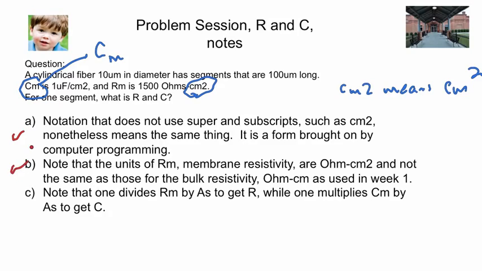And finally, it's helpful once again to bring to mind that as one moves to get a resistance or a capacitance, one divides Rm by the area to get R, and multiplies Cm by the area to get C. Oh, I wish I had $1 for every time I have made this mistake, either in a calculation on paper or on the board or in a computer program.